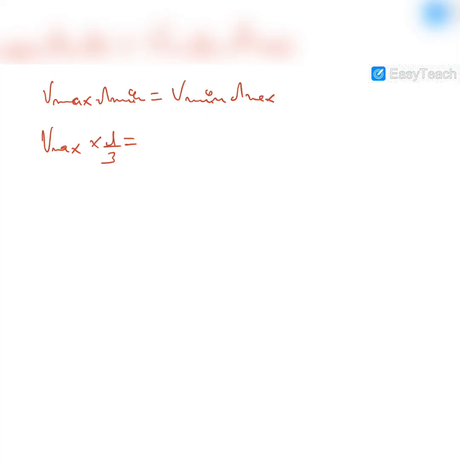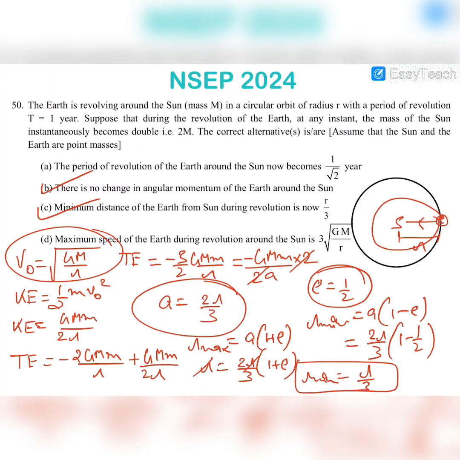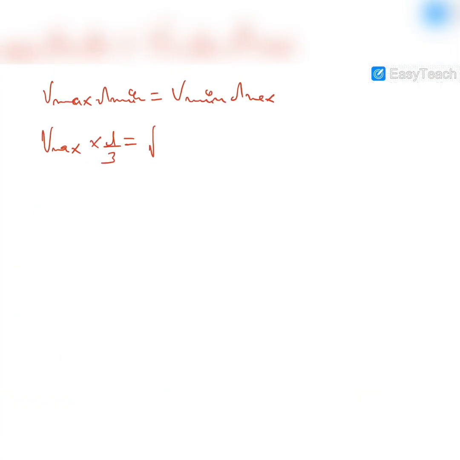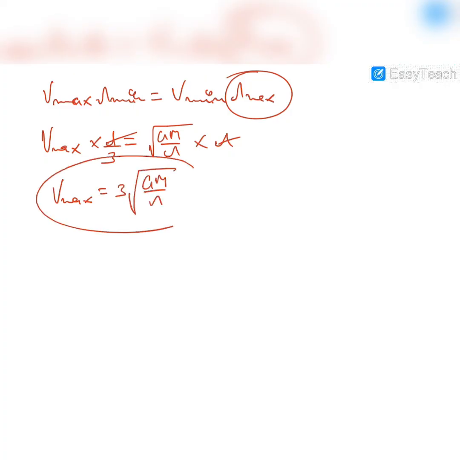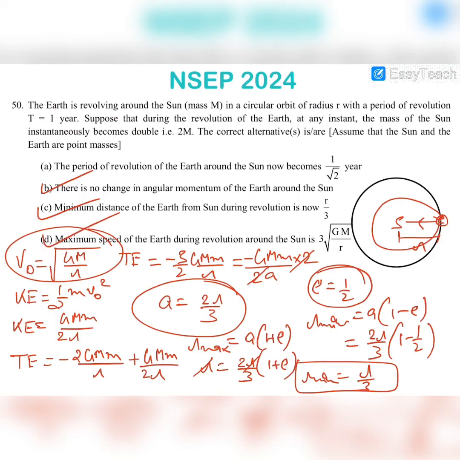Now v minimum was v naught, which was under root gm by r, and r max was equal to r. So you can see that v max is 3 under root gm by r. So this is also the correct option.